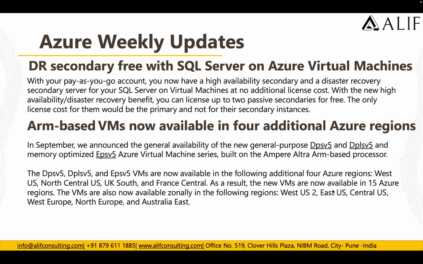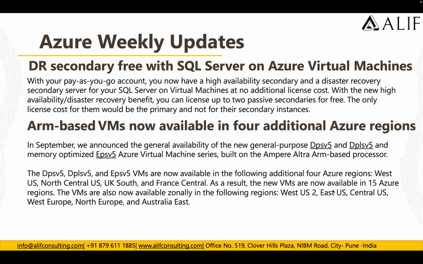The next update is that ARM-based VMs are now available in four more Azure regions, right? As we know, Microsoft announced the general purpose Dpsv5 and Dplsv5 and memory optimized Epsv5 VM series, built on the Ampere Altra ARM-based processor.